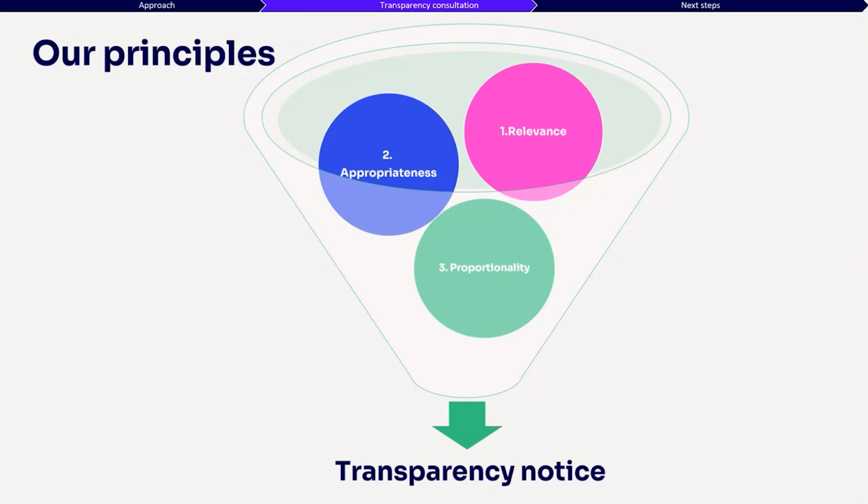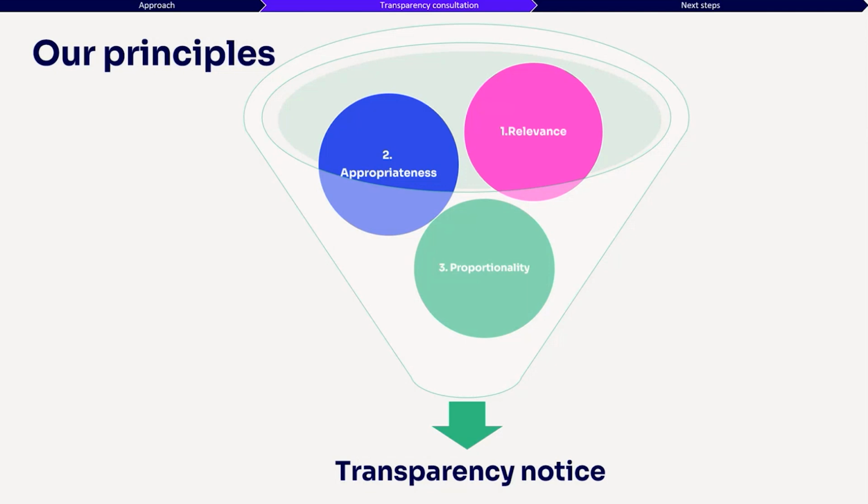Our approach to thinking about the range of things we can ask services to report in their transparency reports is going to be guided by key principles. And in our draft guidance that we're consulting on, we set out these key principles that we think will be important building blocks for the effective use of our transparency powers. So our approach in determining what information is going to be included in transparency reports is based on key principles of relevance, appropriateness, and proportionality.